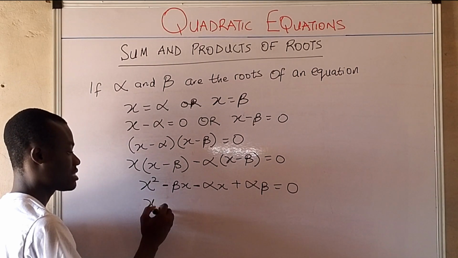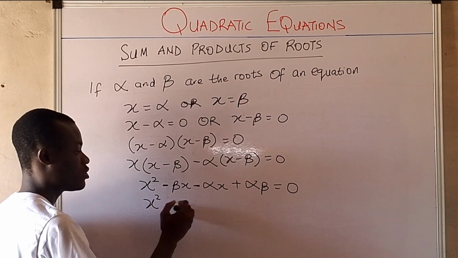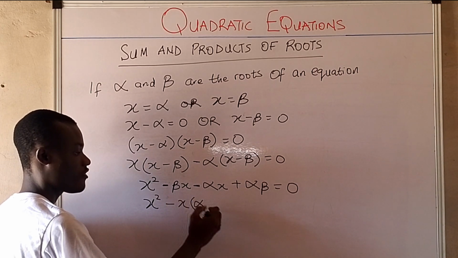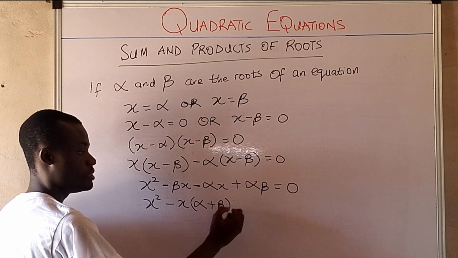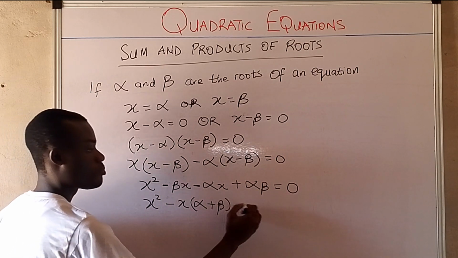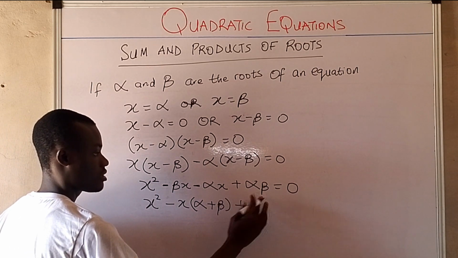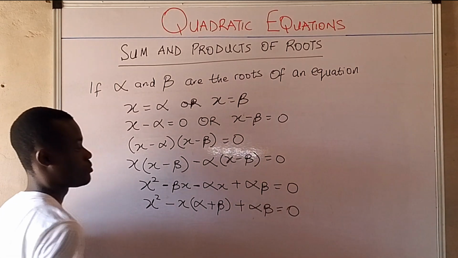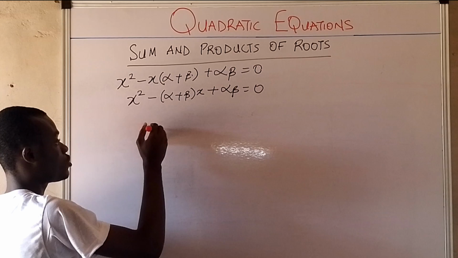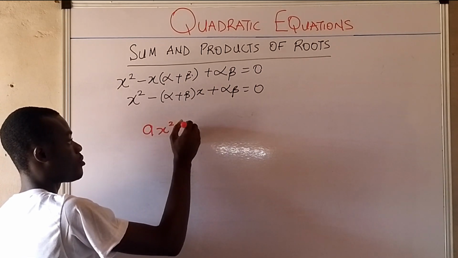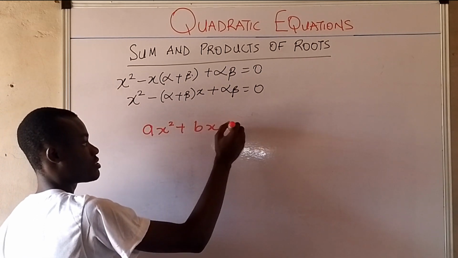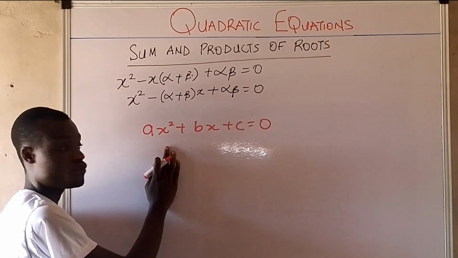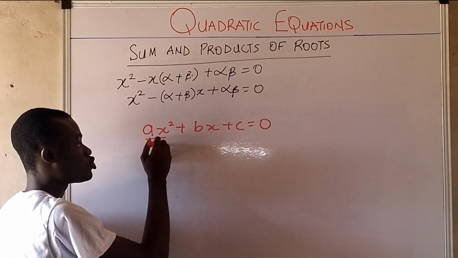So I have x squared minus x, when I take out minus x because they both have x, I'm going to have alpha plus beta, or beta plus alpha, plus alpha beta is equal to 0. The standard form for a quadratic equation is ax squared plus bx plus c is equal to 0. So I want to make x squared have a coefficient of 1. What I'll simply do is divide all through by a.